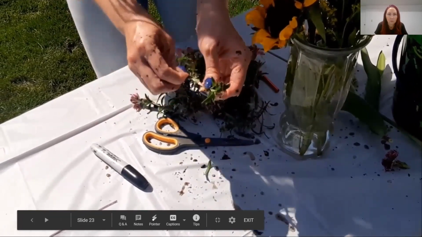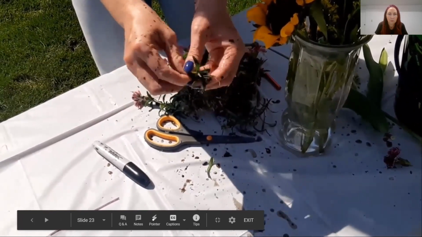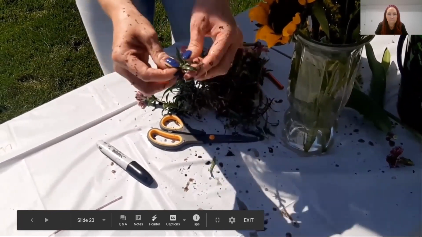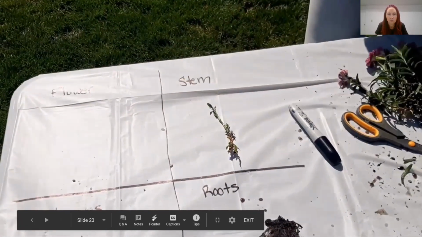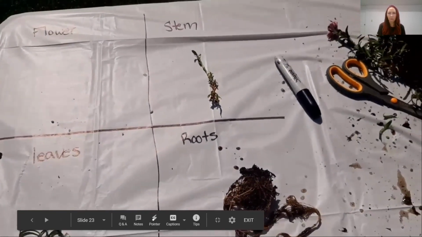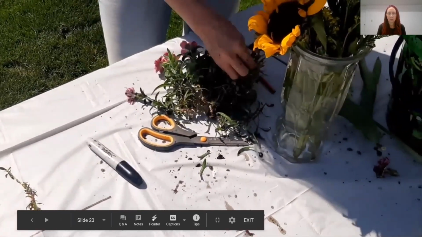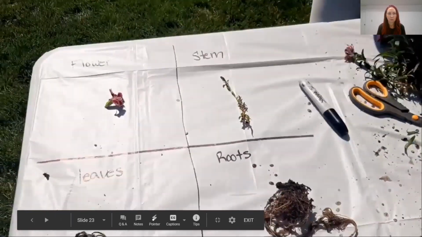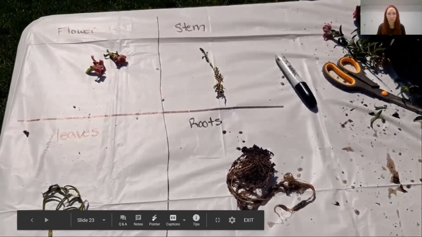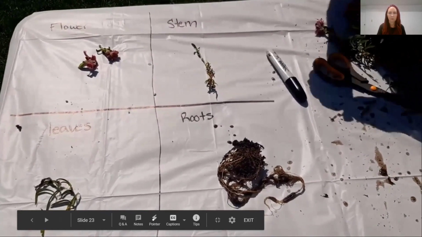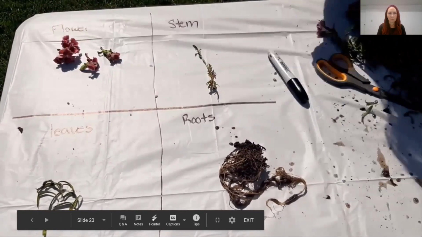It gives the plant support, and it helps funnel the nutrients from the soil up into the leaves and the flower. I'm going to put that in our stem section. And then I'm going to pull some flowers and put them in our flower section. Do you guys remember what the flower does? The flower holds the seeds so that the plant can reproduce.